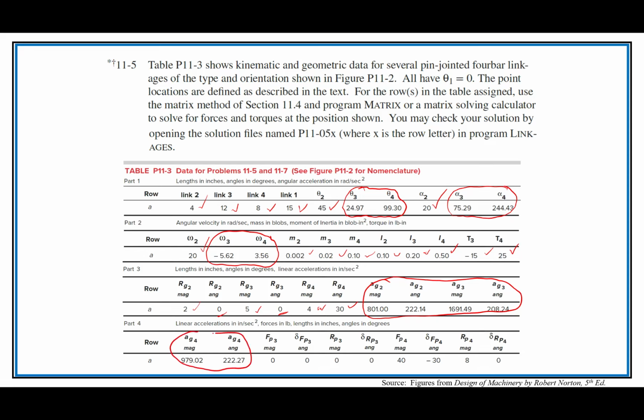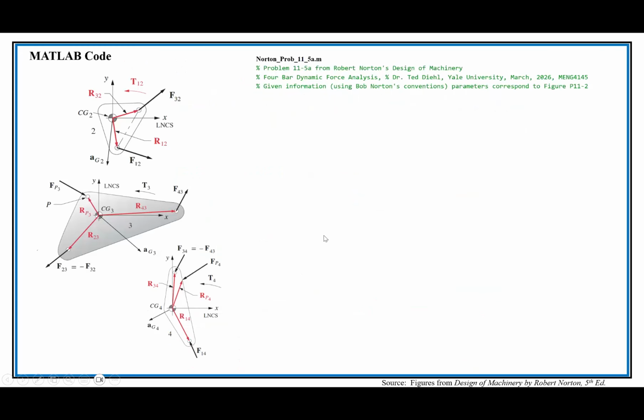We could find those with the information given. These external forces: there's nothing on link 3, but there is something on link 4 at negative 30 degrees, and it's at a position of 8, but it looks like it's down the center line. All right, so that's the setup that we have going on for us.